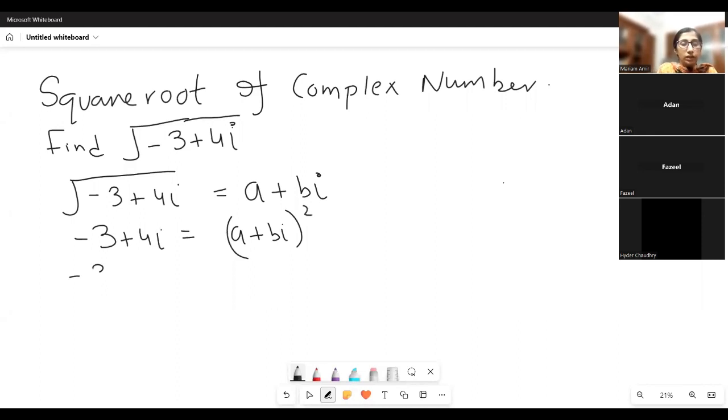So -3 plus 4 iota would be a square plus 2ab iota plus b square iota square. And b iota whole square would be -1 times b square, so this would be minus b square.